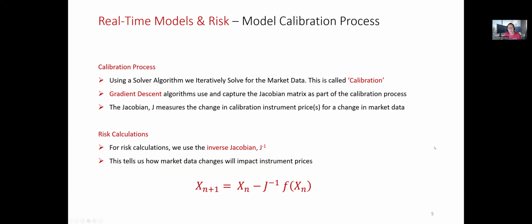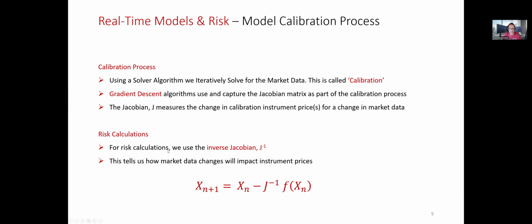Now, calibration, the solving process. Using a solve algorithm, we can iteratively solve for the market data. This is called calibration. Now, we like to use gradient descent algorithms because they capture the Jacobian matrix as part of the calibration process. This Jacobian J measures the change in the instrument prices for a change in market data, and that's really useful for risk calculations.